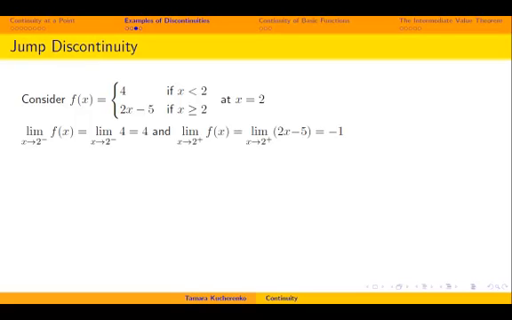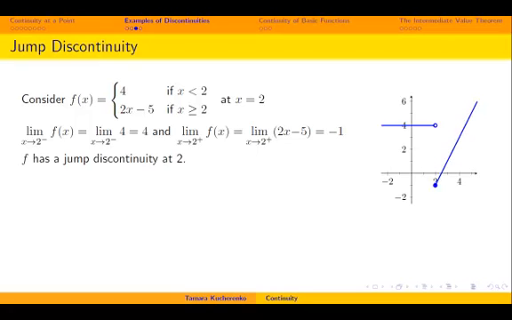The right-hand limit of f at 2 is the limit of 2x minus 5 at 2, which is negative 1. Since both one-sided limits exist but are not equal, we conclude that f has a jump discontinuity at 2.